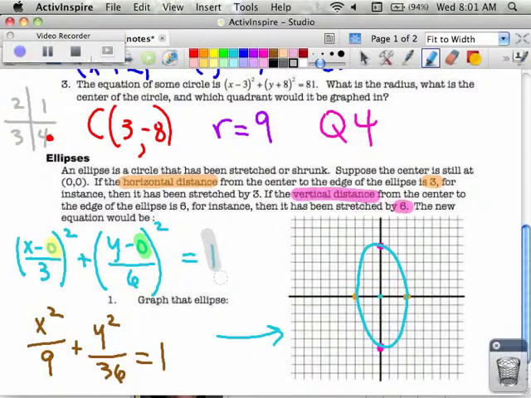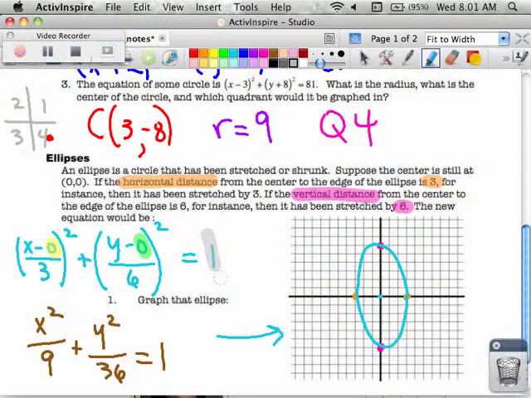And if you look underneath the x thing, and you see a number, and it's not in a parentheses, the square root of this number is how far you go left and right from the center, or in other words, horizontally. And if you look under the y thing, and it's not inside a parentheses, and you take the square root of that number, that's how far you go up and down from the center, or in other words, vertically.